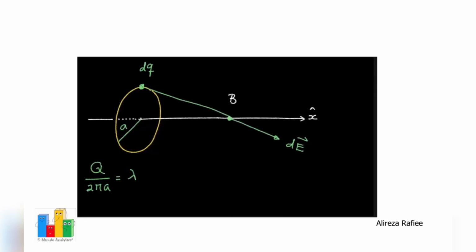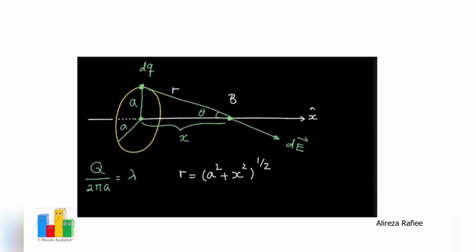Now, if I know this angle, which is possible to know, assuming that this point B is separated from the center of the ring by x, and of course the radius of this ring is a, then the distance between dq and point B, which is r, can be estimated using the Pythagorean theorem as (a² + x²) to the power of half.